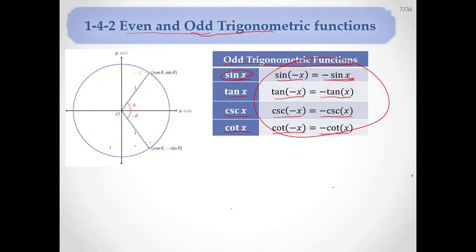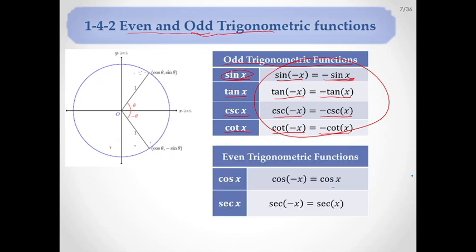Now, about the cosine, we have this property. Cosine x and its reciprocal, the secant x, which is 1 over cosine x, are even trigonometric functions. So cosine minus x is equal to cosine x, and secant negative x is equal to secant x.